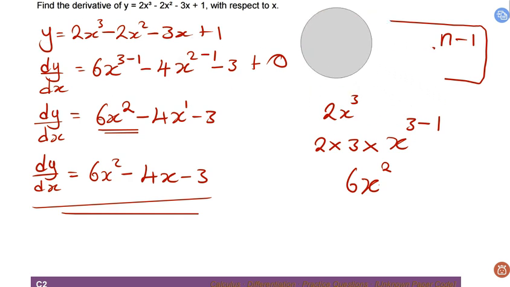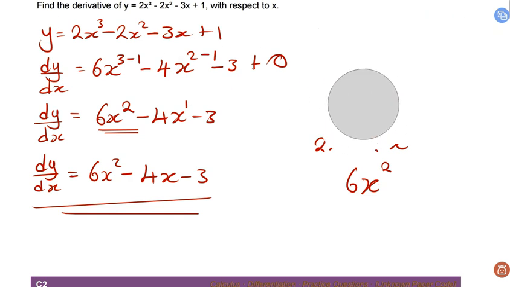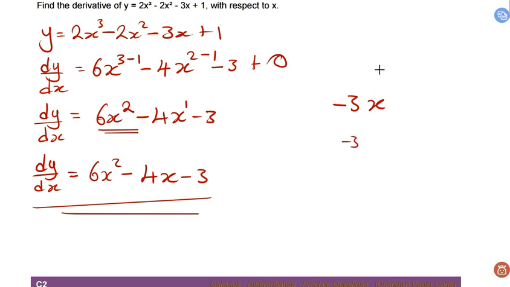Now the other thing which I would like to explain is, in the case where we had negative 3x there, how is it possible that we just came up with a negative 3? Remember, still we are going to follow a times n times x to the power n minus 1.